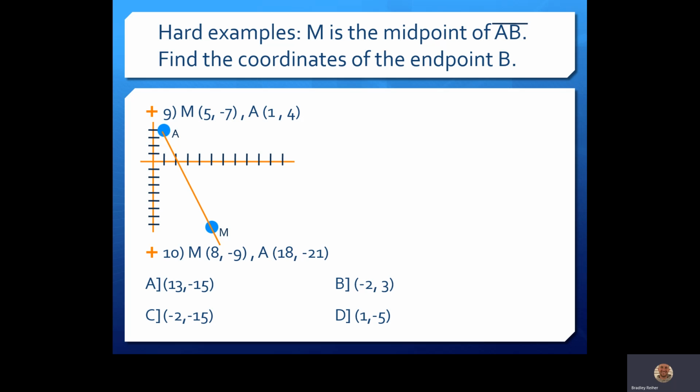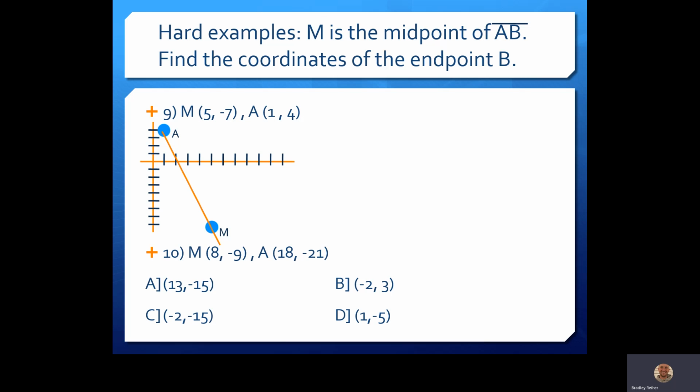So we're going to work backwards to do that. When you find the midpoint, you're averaging, you're adding and dividing by 2. What would be the backwards version of that? We're going to multiply by 2, and then we're going to subtract. So hopefully you'll follow that.